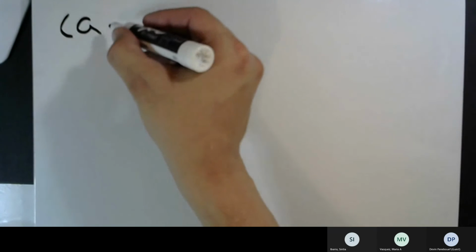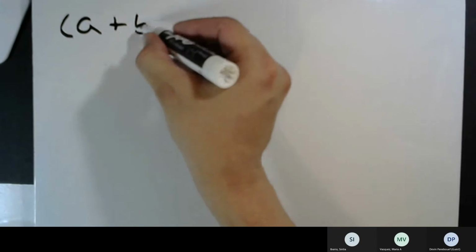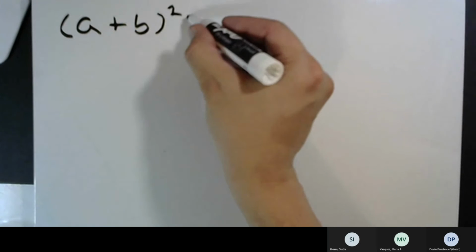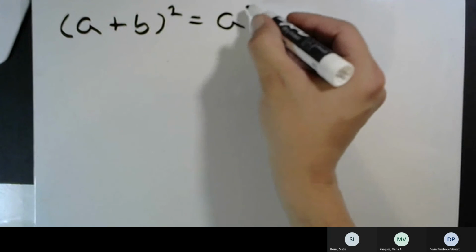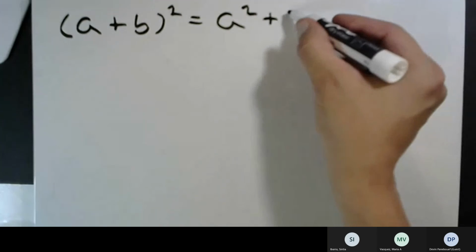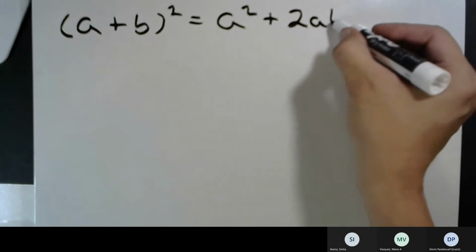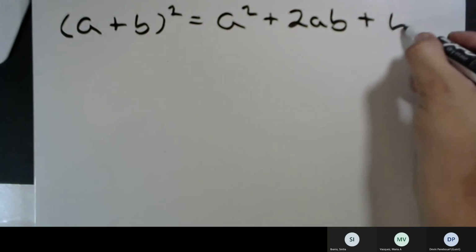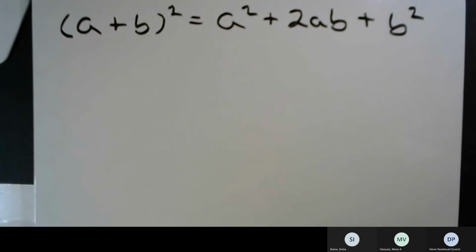And it works like this: a plus b squared is a squared plus 2ab plus b squared. And just like with FOIL, we're looking for ways to come up with shortcuts to do these polynomial multiplications faster. So let's say we have something like this.